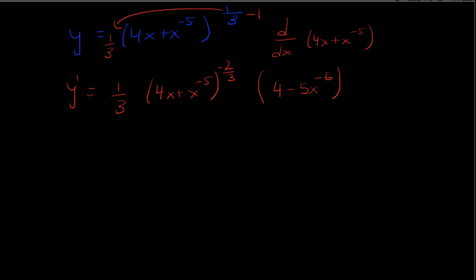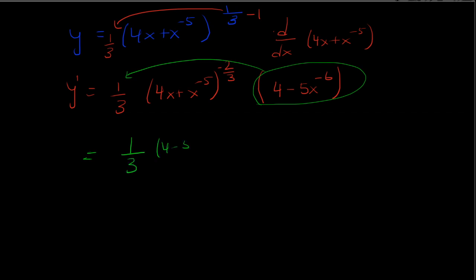I'm going to bring this out in front so we can have it as 1/3 times 4 minus 5x to the negative sixth. And then because 4x plus x to the negative fifth has a negative exponent, that's going to go on the bottom.